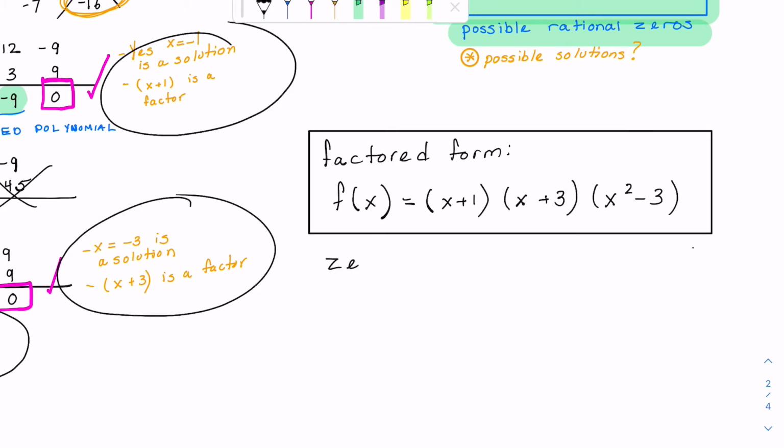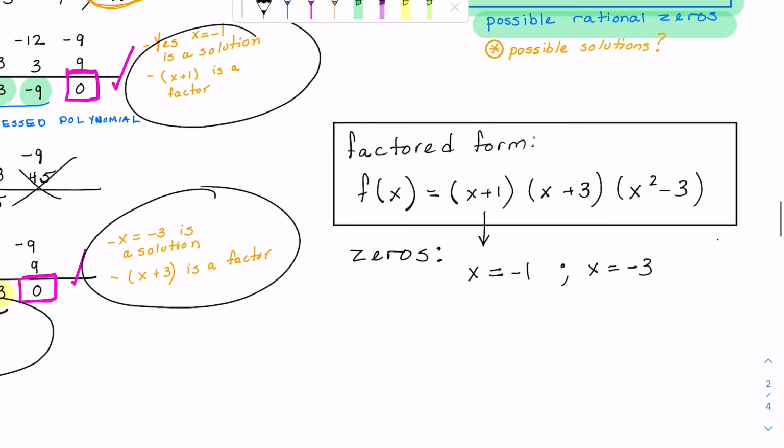And then the zeros come from this. So the zeros are when you set each factor equal to 0. X plus 1, set that equal to 0. X equals negative 1, which we already know up here. X plus 3, this gives you x equals negative 3. And then if we set the next factor equal to 0, I'm just going to do this up here.